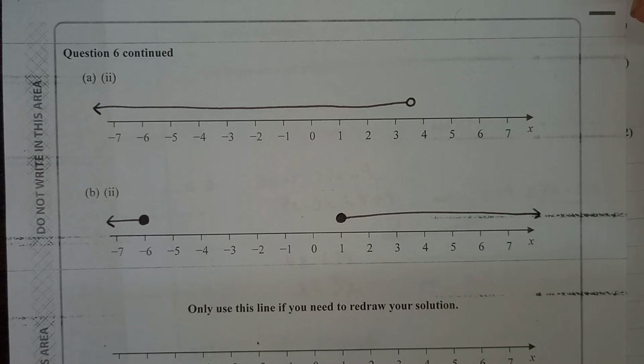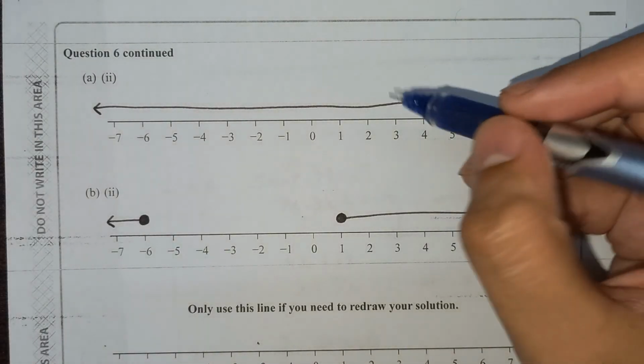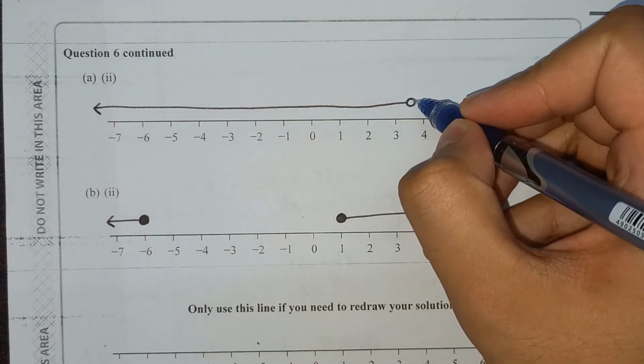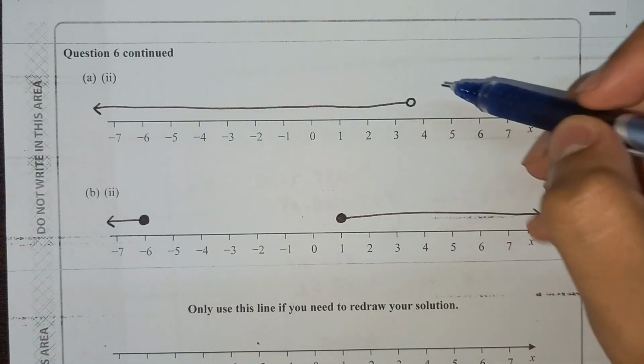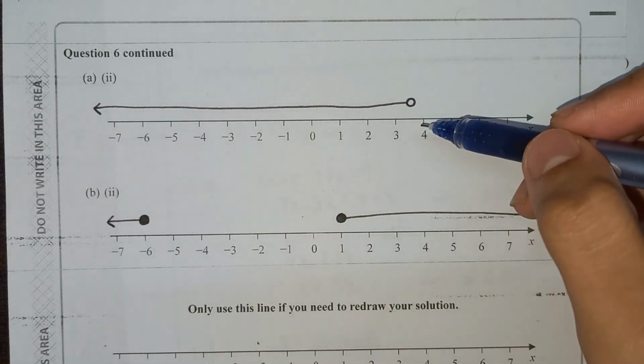It is said that it is less than 3.5. Only less than. It cannot be equal to 3.5. So the way we do this is by making a hollow circle, and because it was less than, you go backwards with an arrow like this.